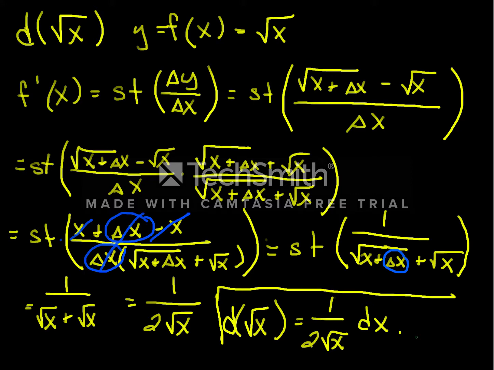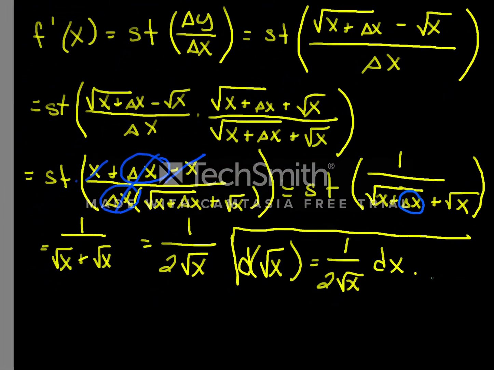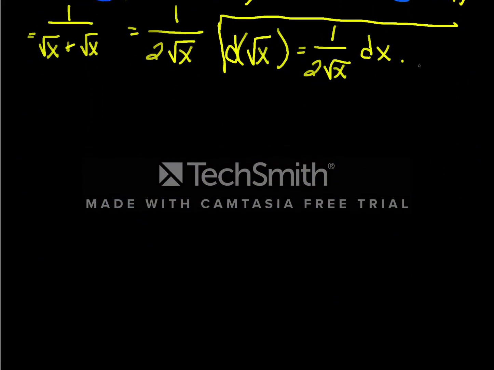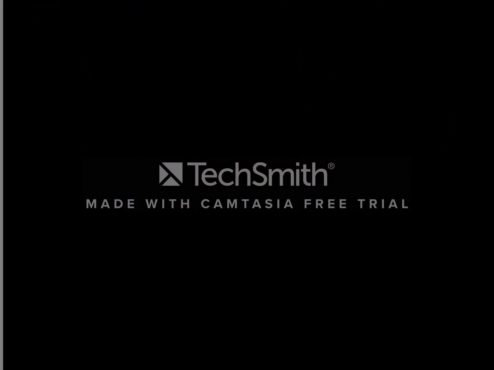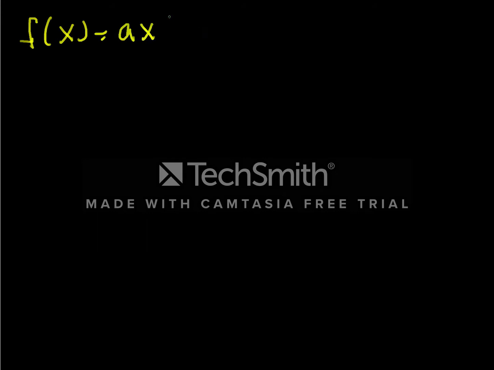Let's use those same functions to find what the tangent line will be. So for instance, if we're investigating the function f of x equals ax cubed, we've already shown that its derivative, f prime of x, is 3ax squared.